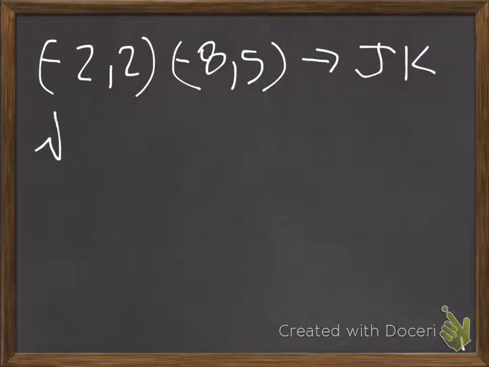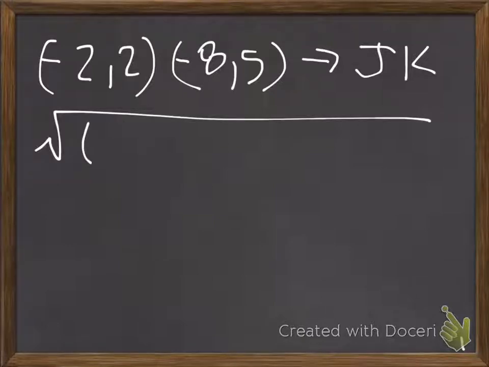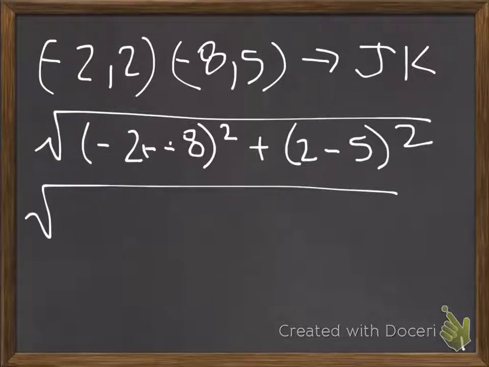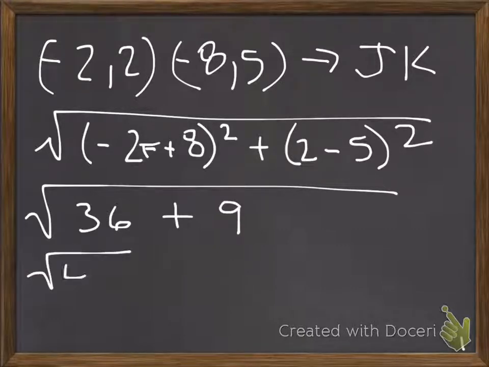So using the distance formula, we're going to subtract the x's, square that, and add that to subtracting the y's, and square that. So we get negative 2 plus 8, which is 6. 6 squared is 36. 2 minus 5 is negative 3. Negative 3 squared is 9. So we get the square root of 45 for JK.